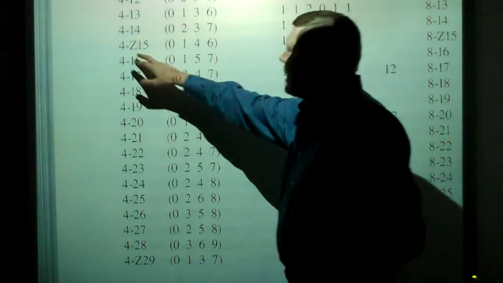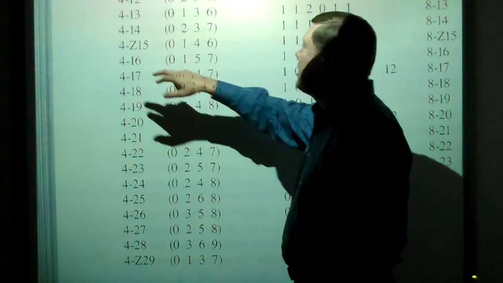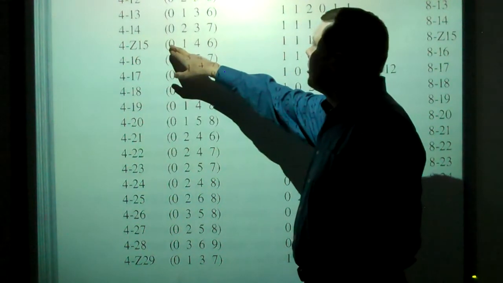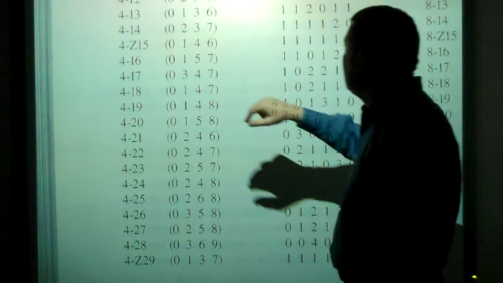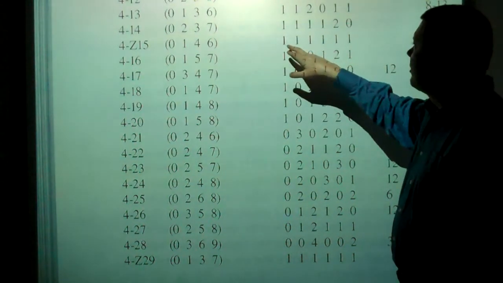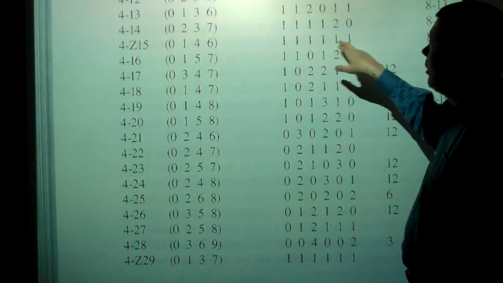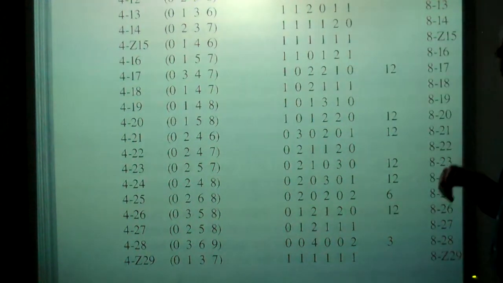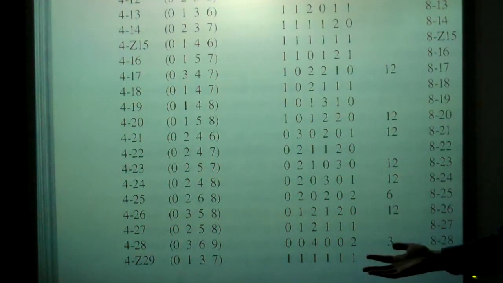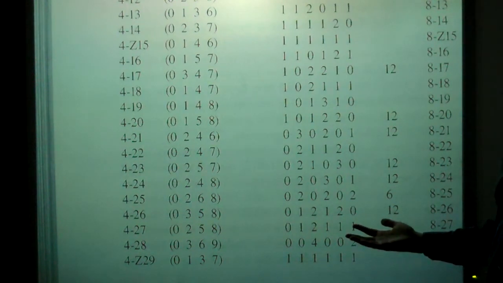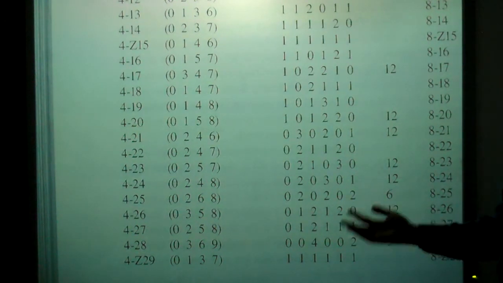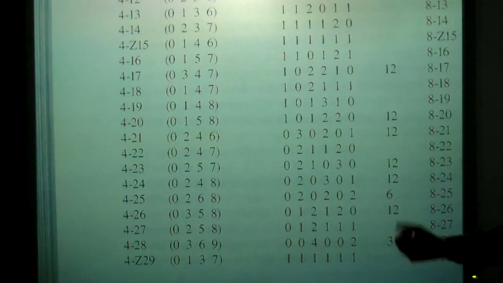So if we look, for instance, at this one, 4z15, which is the prime form 0146, we see that its interval vector is actually one instance of every interval class: 1, 1, 1, 1, 1, 1. Now, how do I find the other set class that has the exact same interval vector?